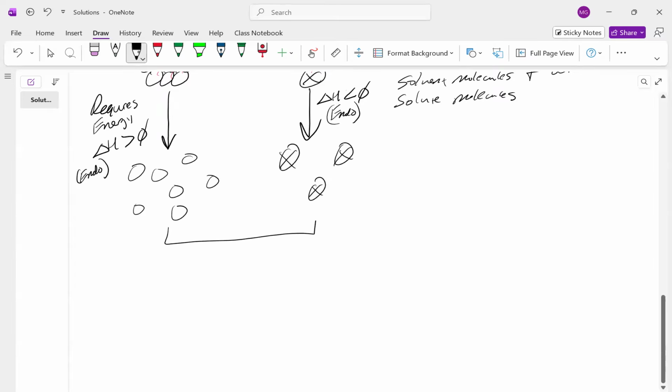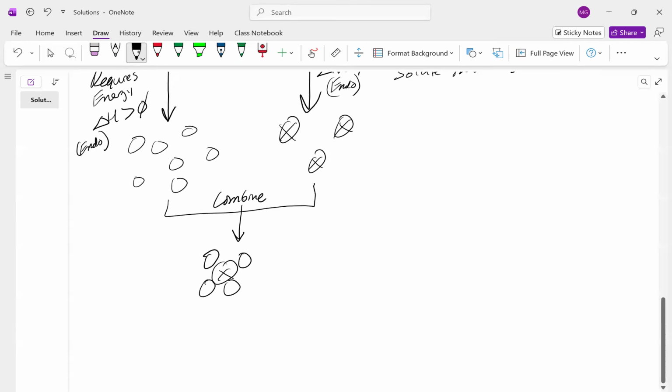And then now what we're going to do is combine these and form new intermolecular forces between the solvent and the solute. So here we're forming new intermolecular forces. And this is a process known as solvation, the surrounding of solvent molecules around a solute, or the formation of intermolecular forces between solvent molecules and solute molecules.